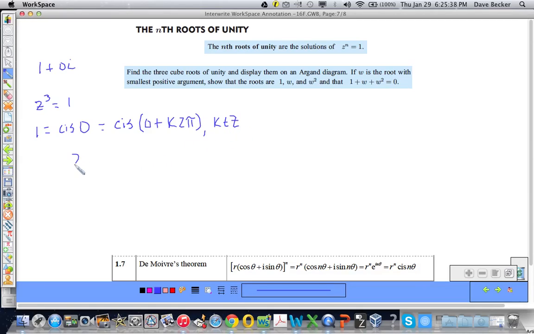So now we have z cubed is equal to cis 2k pi.